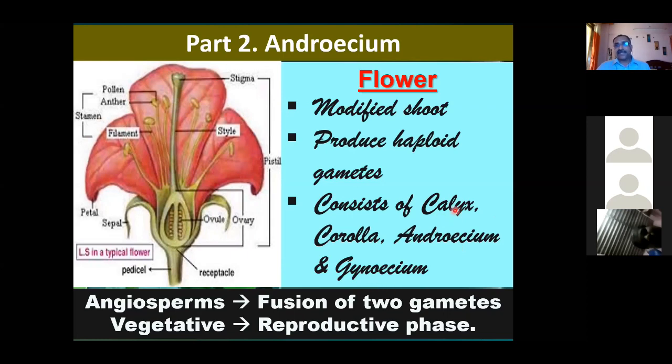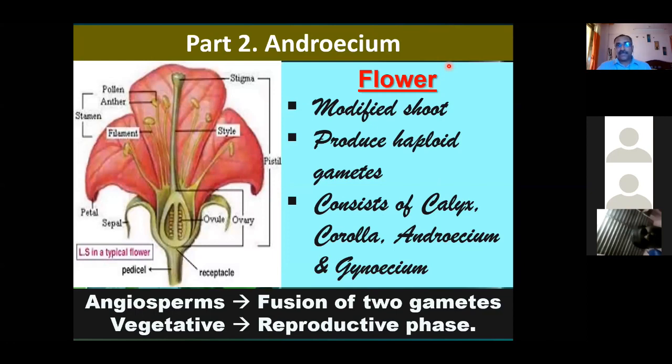But I don't want to tell you anything about the calyx and corolla right now, because you have seen that part last year. But what are the gynoecium and androecium? These 2 we can say are the 2 essential whorls. Essential whorls means without these, the plants cannot reproduce. Why are they so essential?